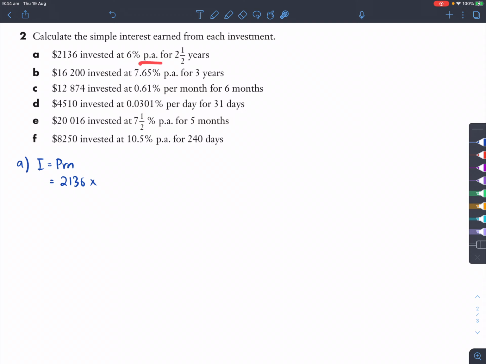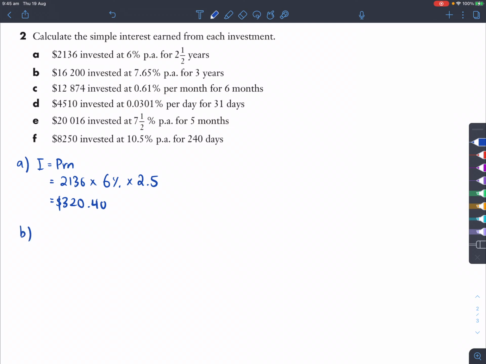Notice how these two are the same period. We're just going to multiply that through. That will be easier to type in our calculators. By doing that, I get $320.40. This is the extra money earned on the investment.